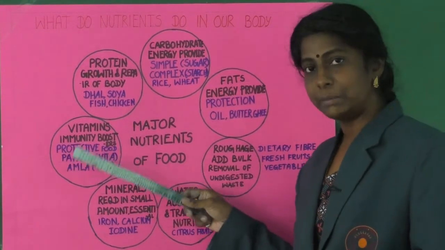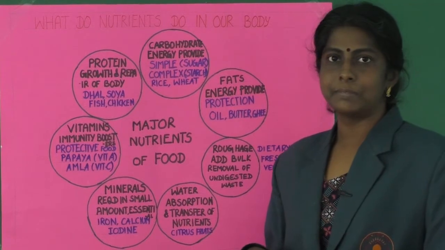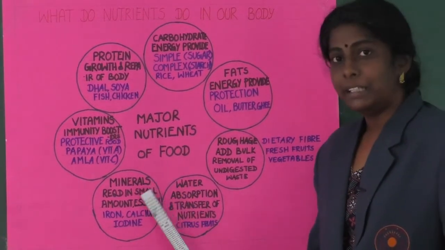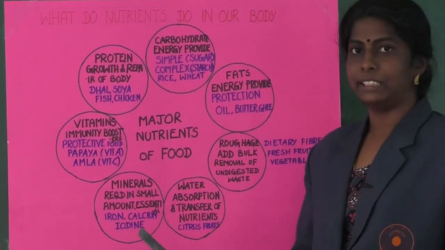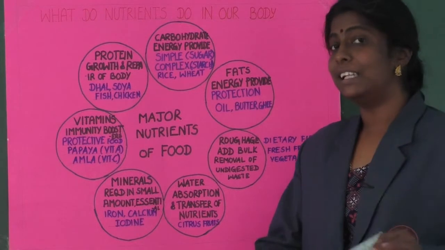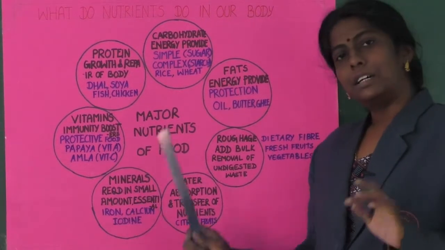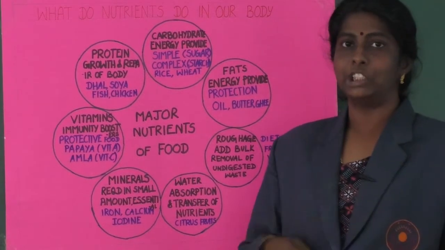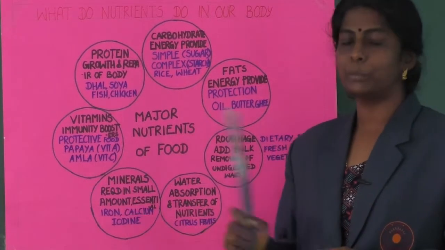Papaya is rich in vitamin A and amla is rich in vitamin C. Now about the fifth nutrient, minerals, are required in small amounts or quantities. But still it's considered to be essential to our body. Examples: so many types of minerals are observed: iron, calcium, potassium, iodine, so many are there. Okay, so this is what about minerals.